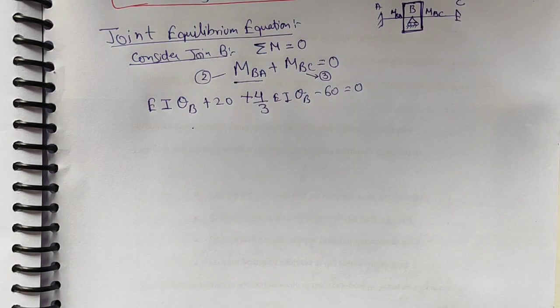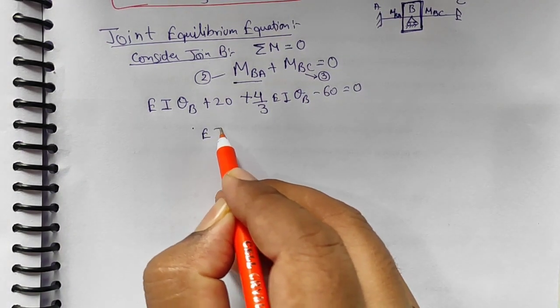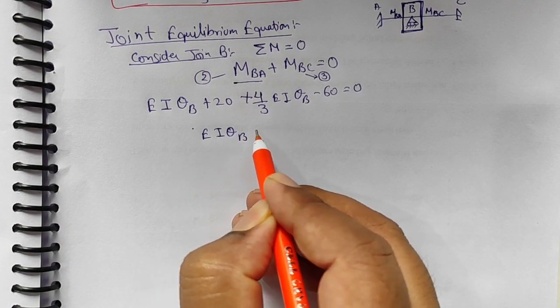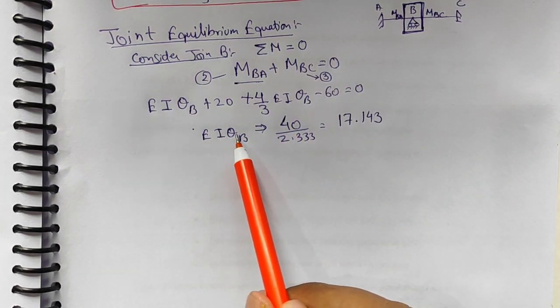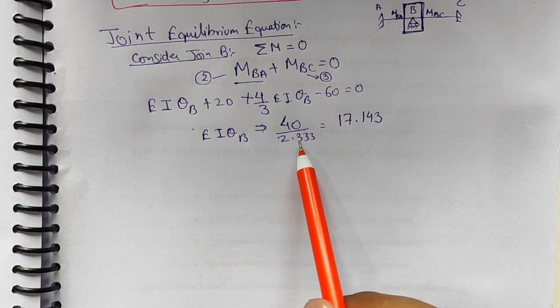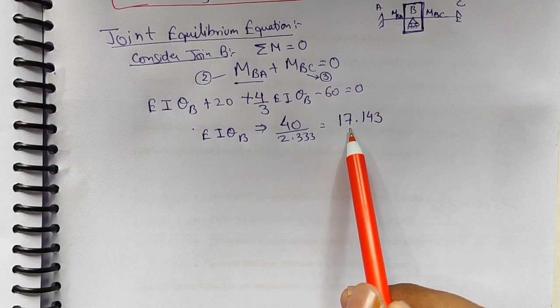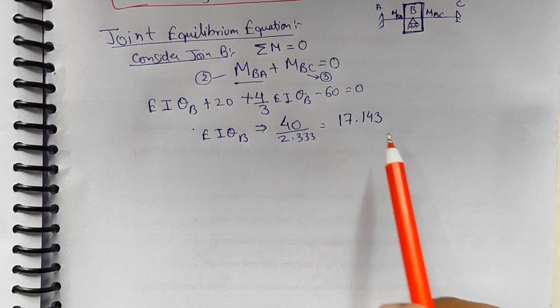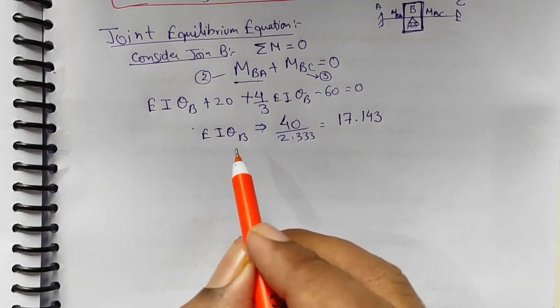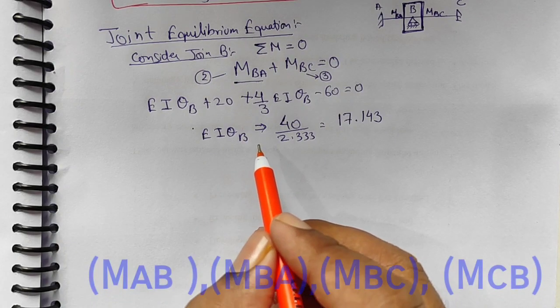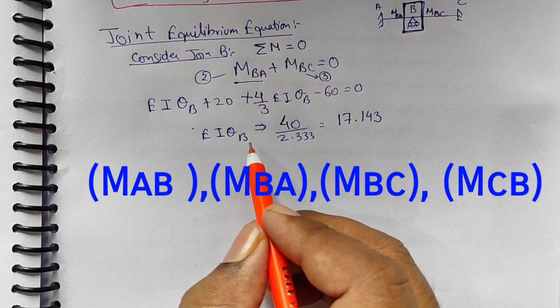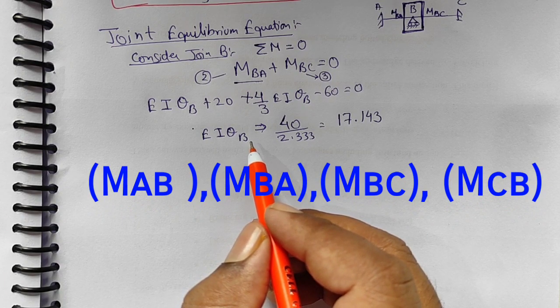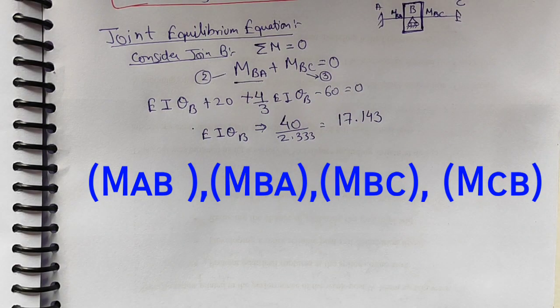Now I will evaluate the value of EI theta B. After simplification I'll get the value of EI theta B as 40 upon 2.33 equals 17.143. Substituting the value of EI theta B in equations 1, 2, 3, 4 in order to get the value of MAB, MBA, MBC and MCB.